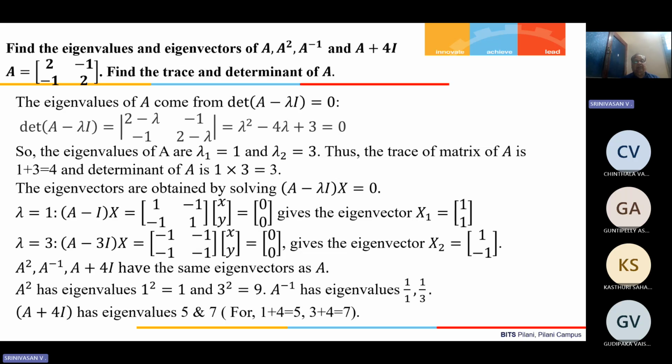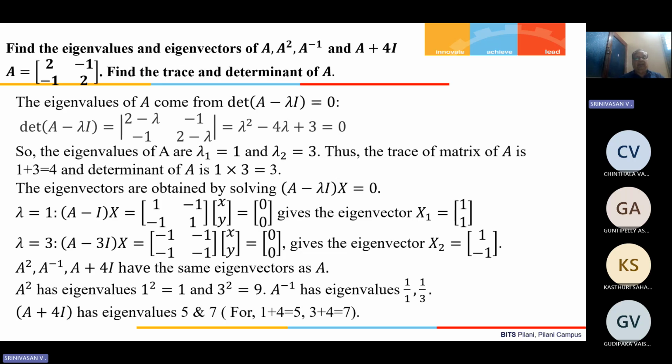If you expand this, you get lambda squared minus 4 lambda plus 3 equals 0. So lambda 1 equals 1, lambda 2 equals 3. The two values of lambda are 1 and 3.